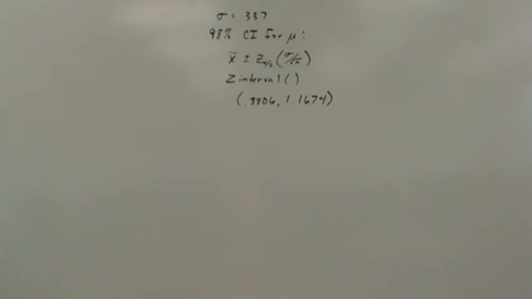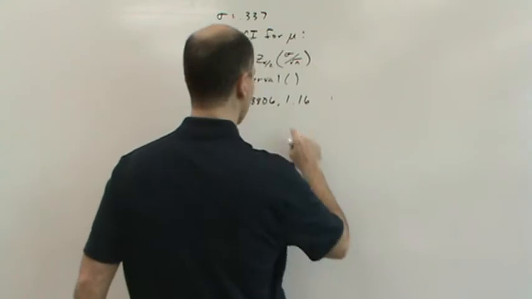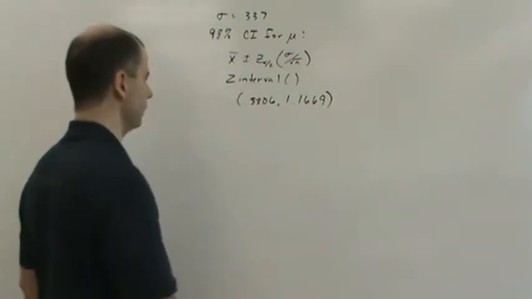If I do it one more time: data, 0.337, 98, and calculate. I'm going to go with my numbers because that might be a typo. So 0.8806 and 1.1669. That should be the correct Z interval.